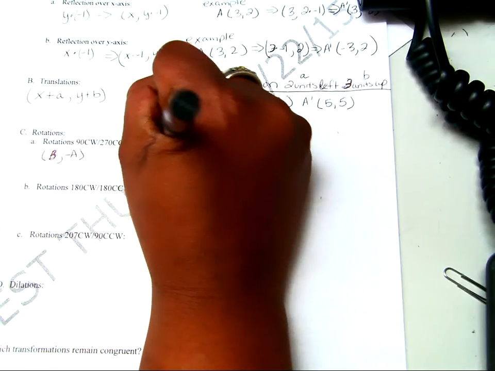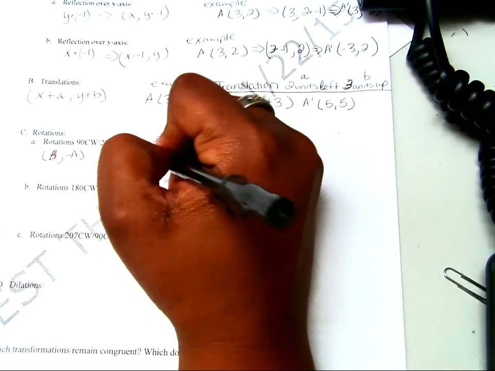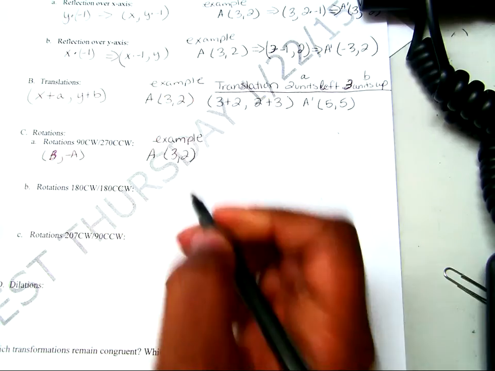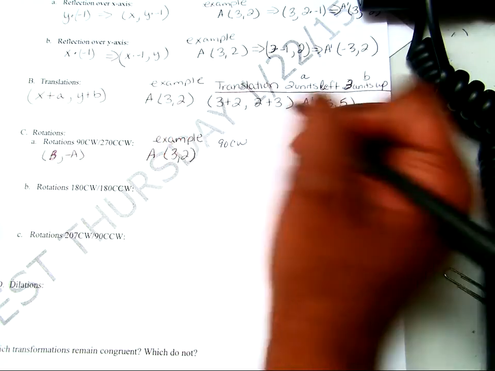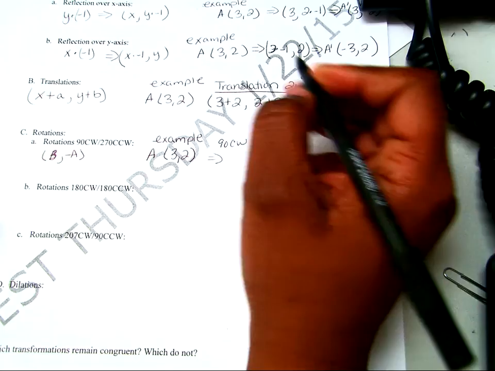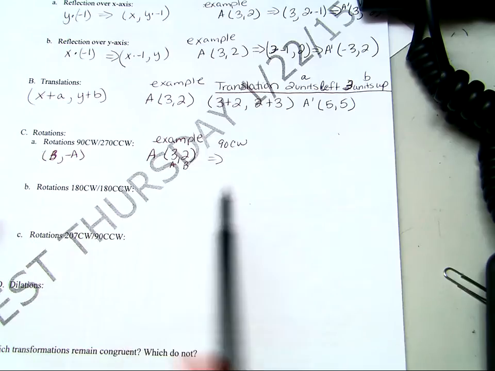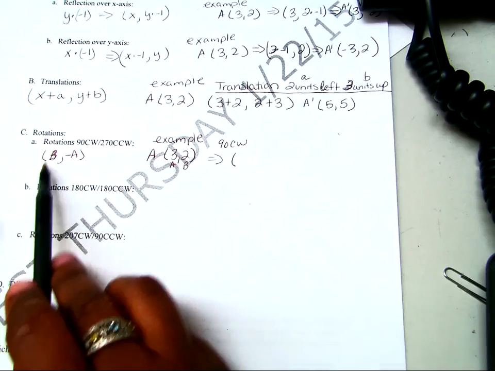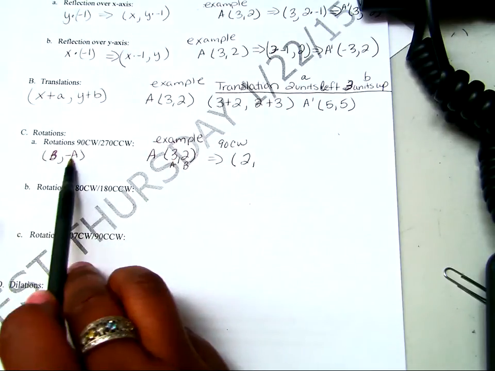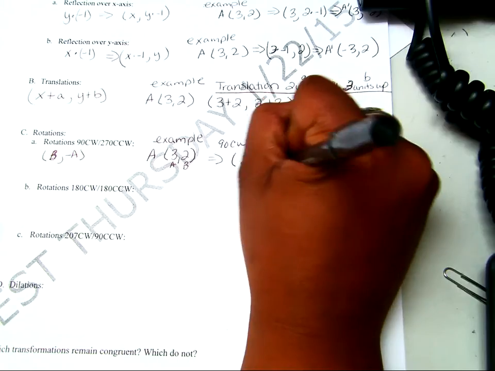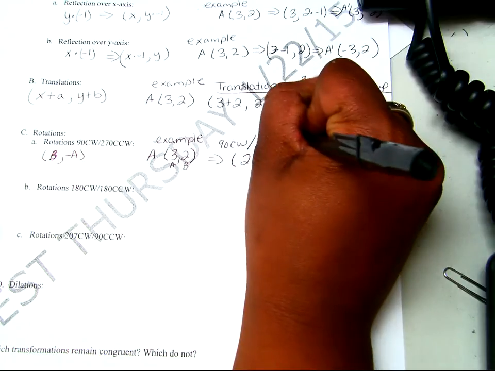An example, if I had A is (3, 2), and they asked me for 90 degrees counterclockwise, I would first off label this a, b. My x, y is a, b. So now I write this. b is 2. And -a, so that's like multiplying by -1, so this would be -3. That's good. So I would do that if it was 270 counterclockwise or 90 clockwise.